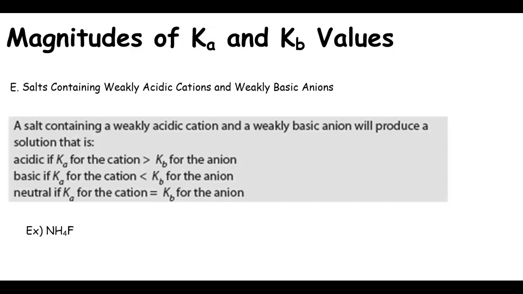What you would have to do is compare the magnitude of the Ka and Kb. If it's acidic, your Ka should be larger. If it's basic, your Kb will be larger. And of course, it will be approximately neutral if the Ka and Kb are close to being the same.